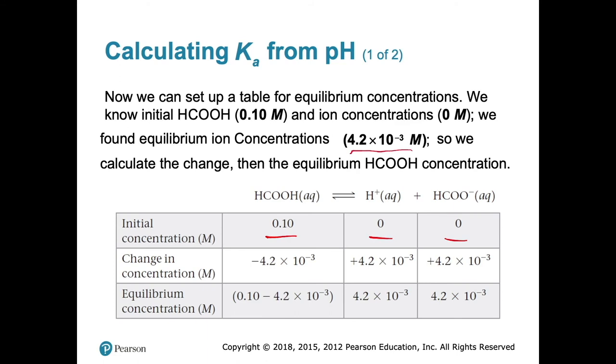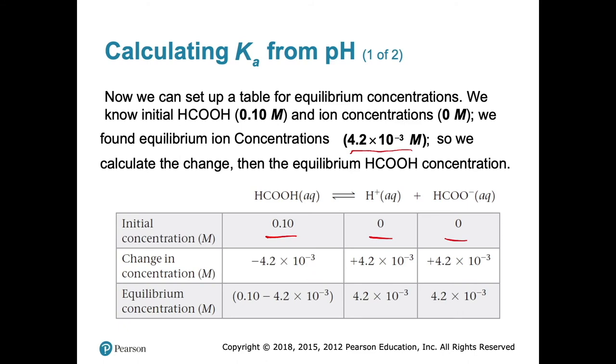So as we reach equilibrium, this initial concentration of formic acid will be subtracted by 4.2 times 10 to the negative 3, because that's how much of the formic acid we're losing. If we're losing that much on the reactant side, where is it going to go? Exactly, it's going to go on the product side. So on the product side, you have plus 4.2 times 10 to the negative 3 and plus 4.2 times 10 to the negative 3.